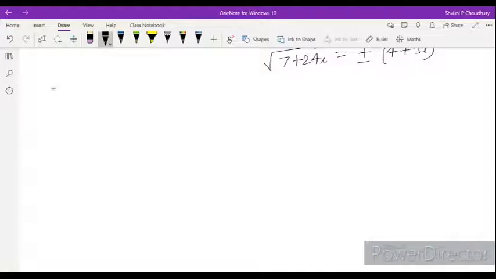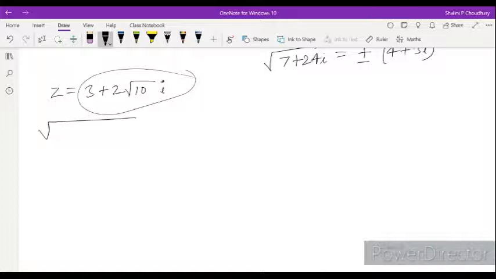If it is given z is equal to 3 plus 2 square root of 10i, what we have to do is find the square root of this one. So let us suppose the square root of 3 plus 2 square root of 10i is equal to a plus ib.